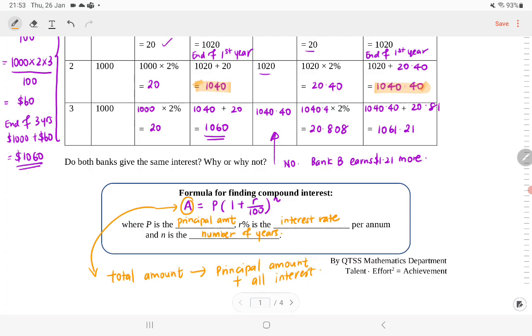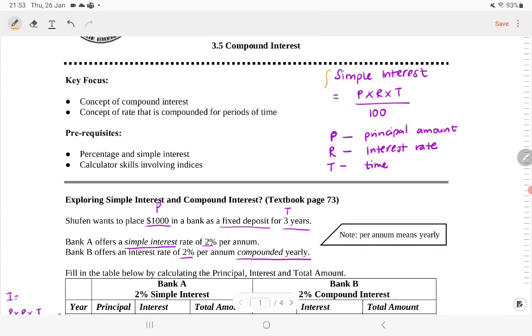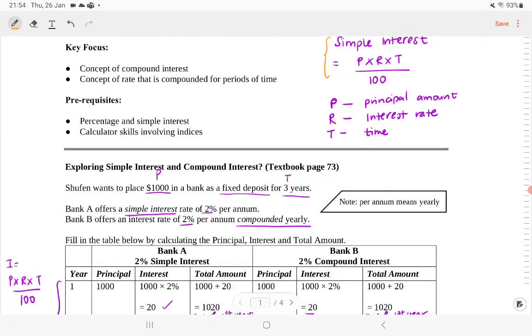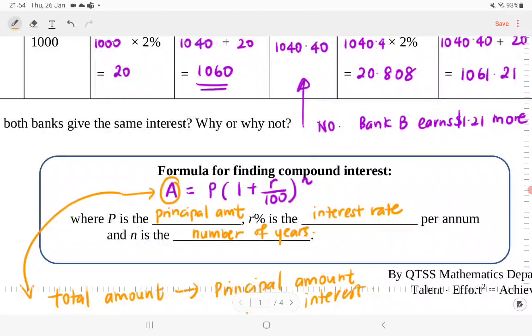So this formula does not calculate interest alone, it calculates the total amount. Whereas the simple interest formula calculates the interest itself. So there's a difference. The compound interest formula calculates the total amount, that means your original amount plus whatever interest that you earn.